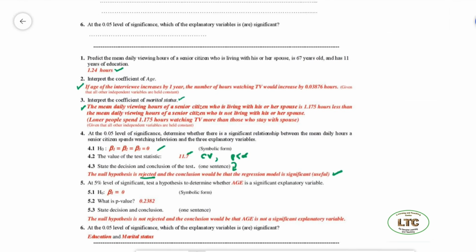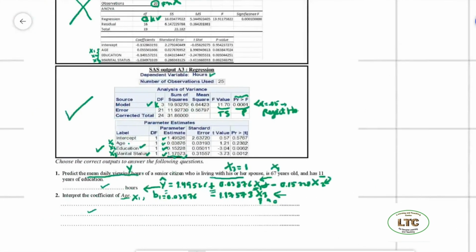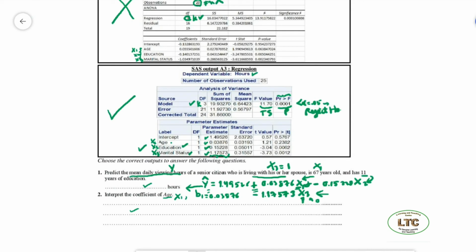Therefore, is beta 1 zero or not, H0: beta 1 is 0. And you read the statistic: b1 is 0.03876, sb1 is 0.03193, b1 divided by sb1 is the T statistic, 1.21, and this is the T statistic.